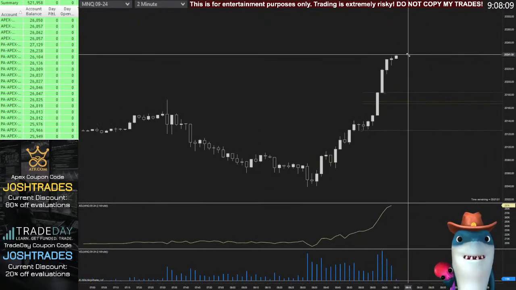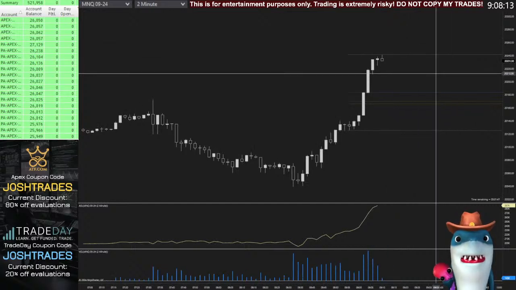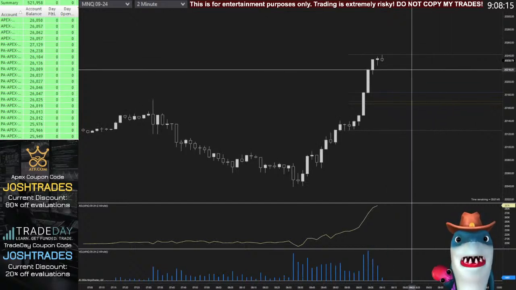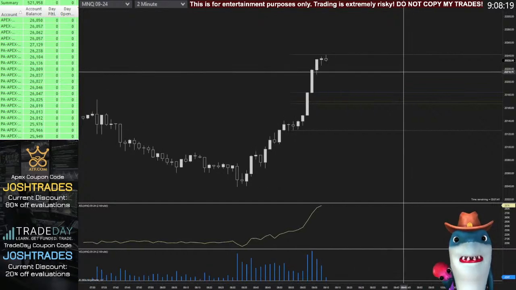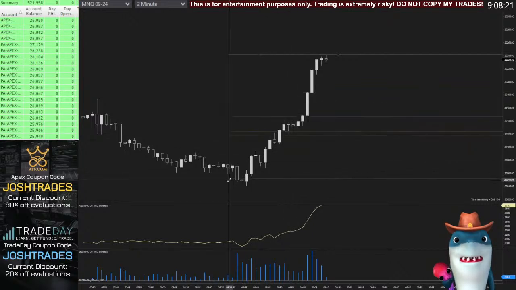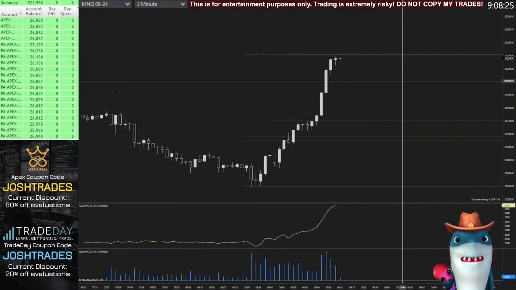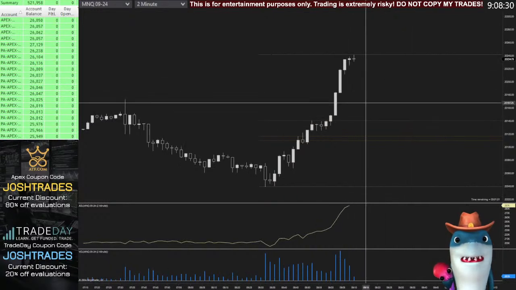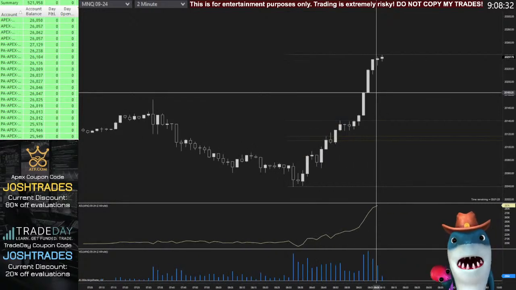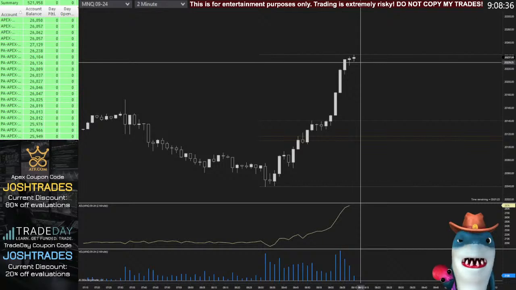Damn, price just does not want to retrace at all. I almost feel like when it does hit resistance, it might fall pretty hard.